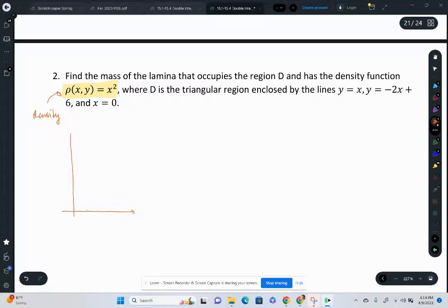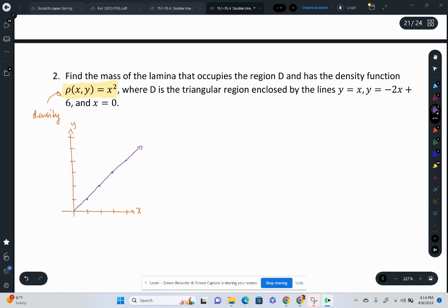So I'm going to go ahead and get, let's see, 1, 2, 3, 4, and 1, 2, 3, 4, 5, 6. Okay. Y equals x very nicely just bisects the first quadrant.